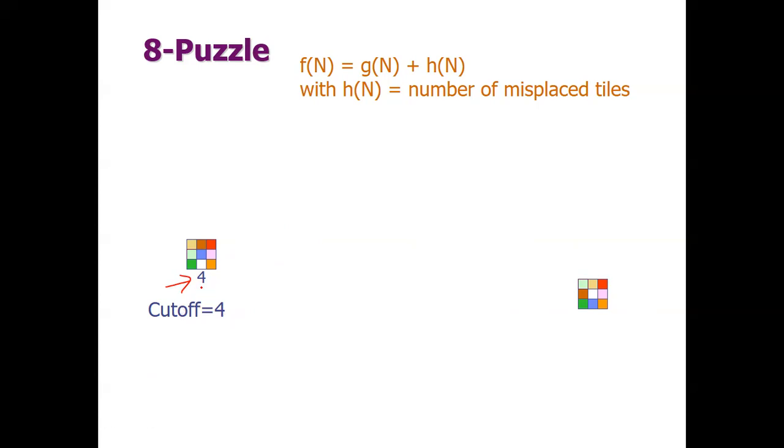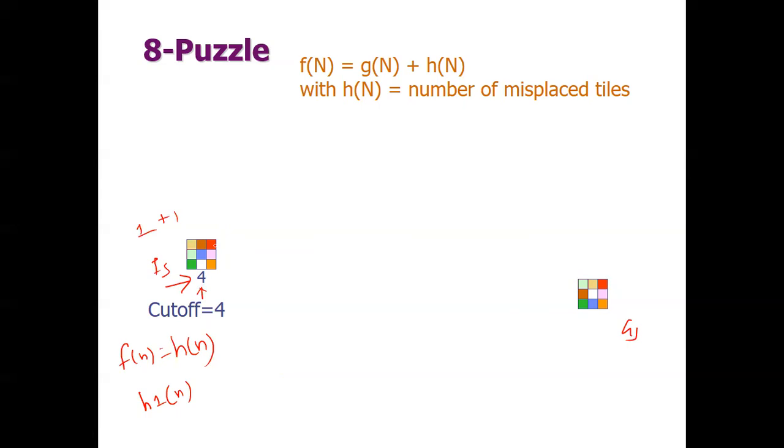Here, how did we get this value 4? We are assuming that f of n is equal to h of n, that is, f of n is the same as the heuristic function. We got 4 because we are following the first heuristic function, which counts the misplaced tiles. Is this yellow tile misplaced? Yes. Comparing the initial state and the goal state, is this brown tile misplaced?